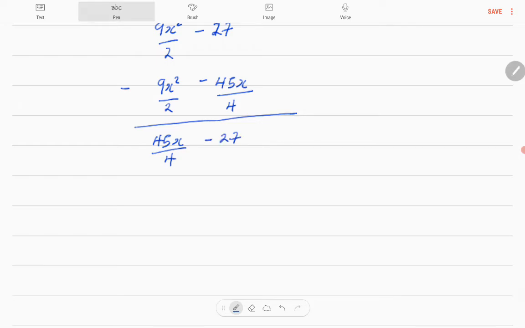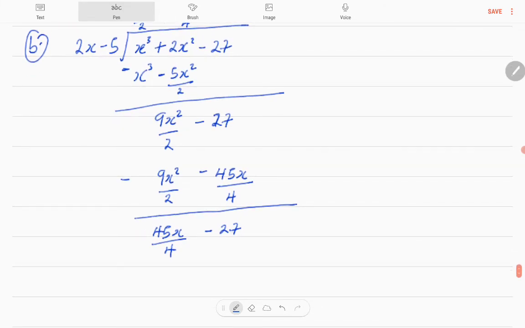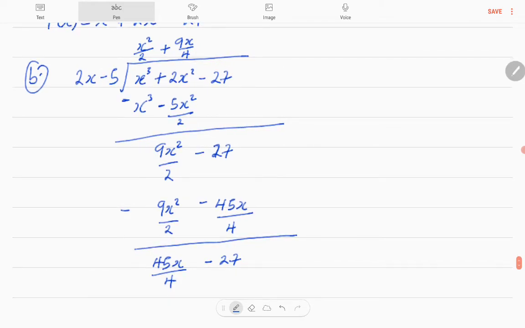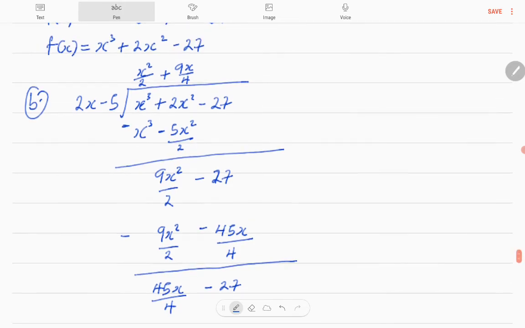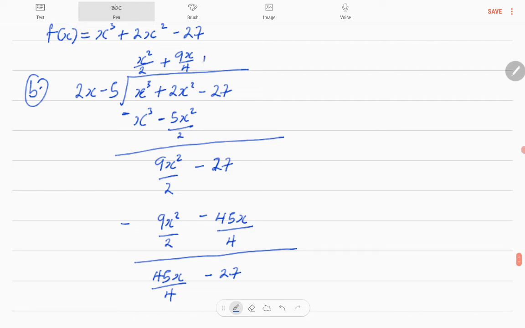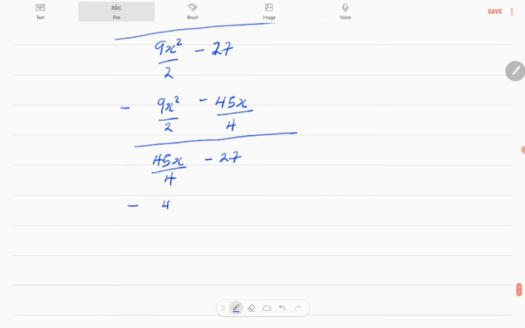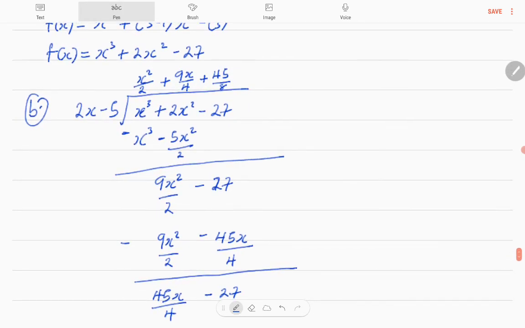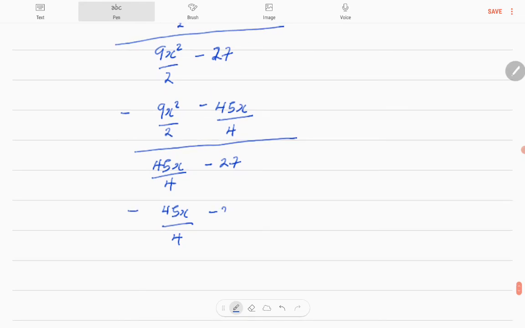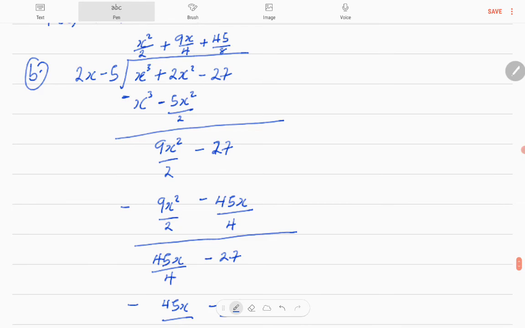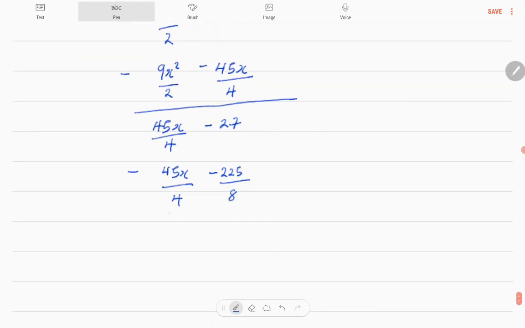So you have 45x/4 − 27. When you divide again, 45x/4 by 2x, you have plus 45/8. You multiply 45/8 by 2x − 5, you have 45x/4 − 225/8.